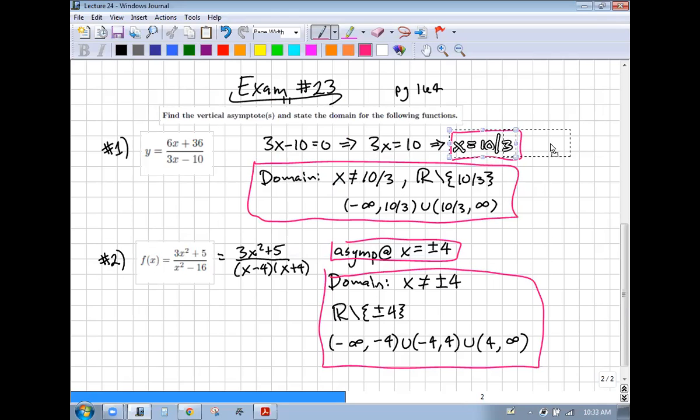There we go. So there's your exam number 23. They're not asking you to solve for x. They're not asking you to graph. They're only asking you where the vertical asymptote is and state the domain. So there's not a whole lot of work in this problem.